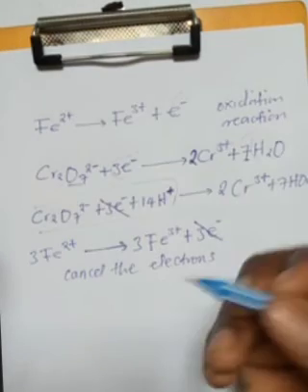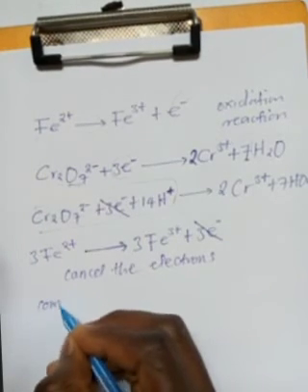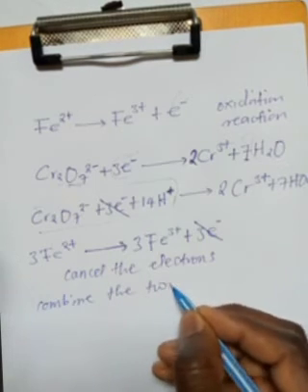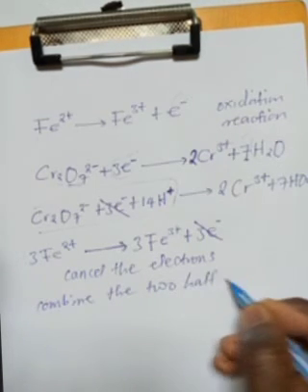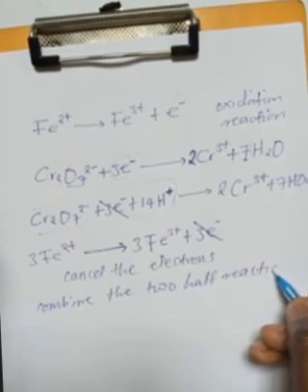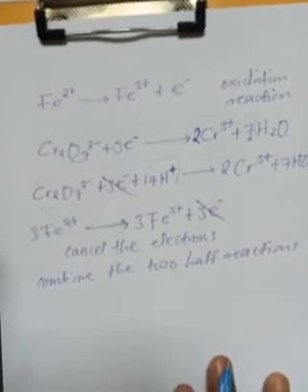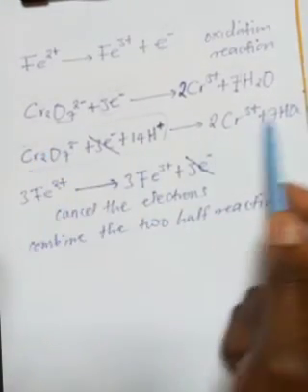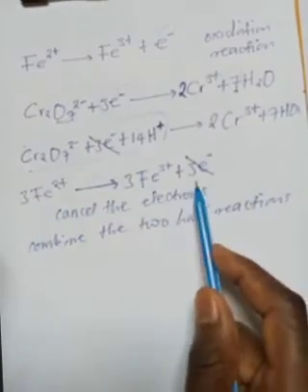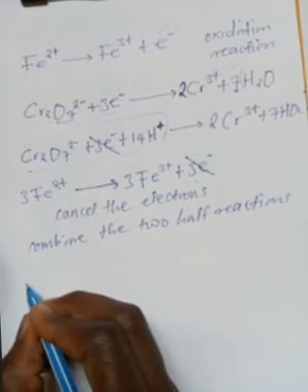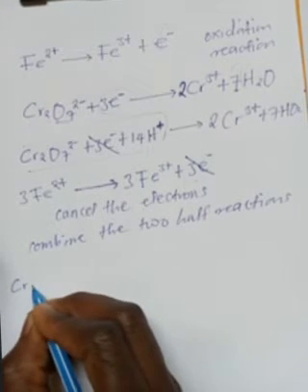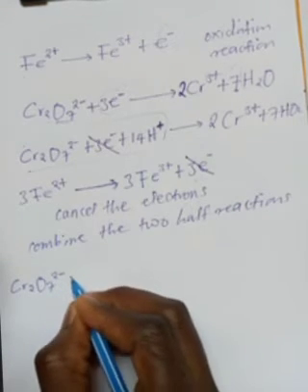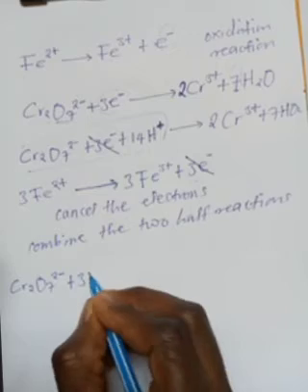So now you combine the two half reactions like this. So we are going to combine this reaction which is here and the reaction which is found at this given point. How are we going to combine them? We are going to have Cr2O7 2 negative plus 3Fe.